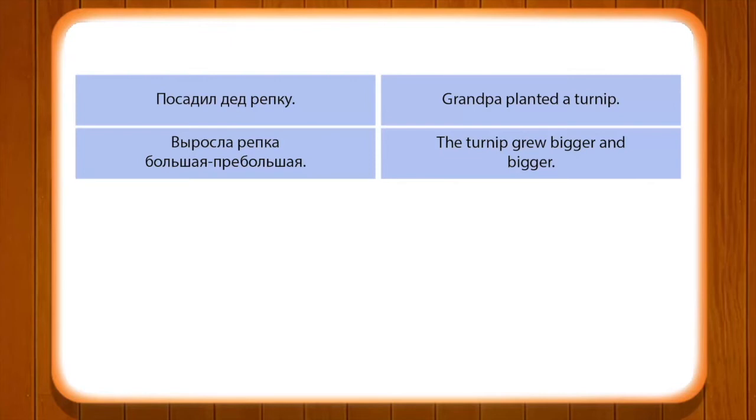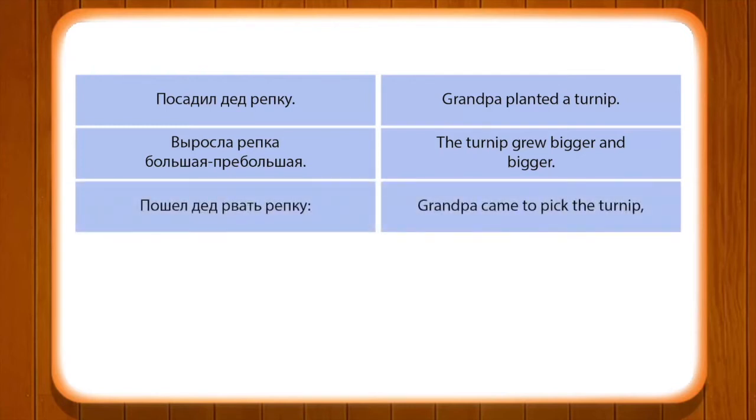Pashol ded rvat repku. Pashol is to go. Ded, dedushka, you know that, the grandpa. Rvat, to pull it out or pick it up. So in this next sentence we have pashol ded rvat repku.